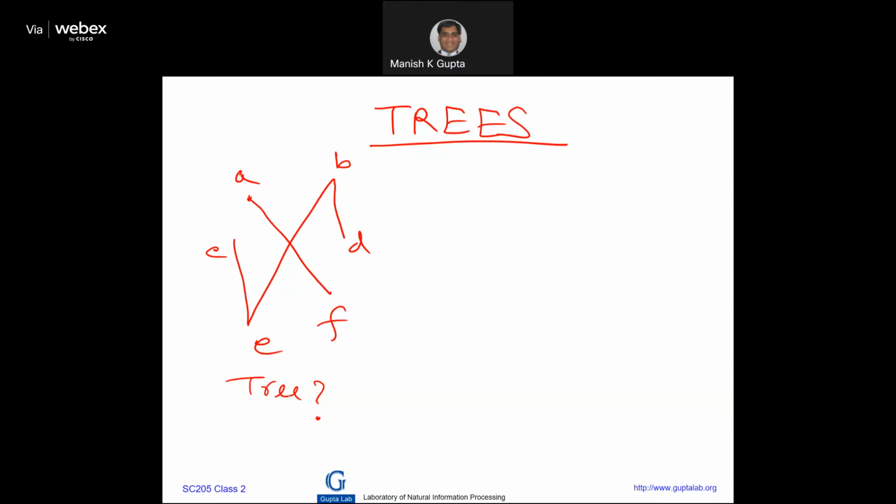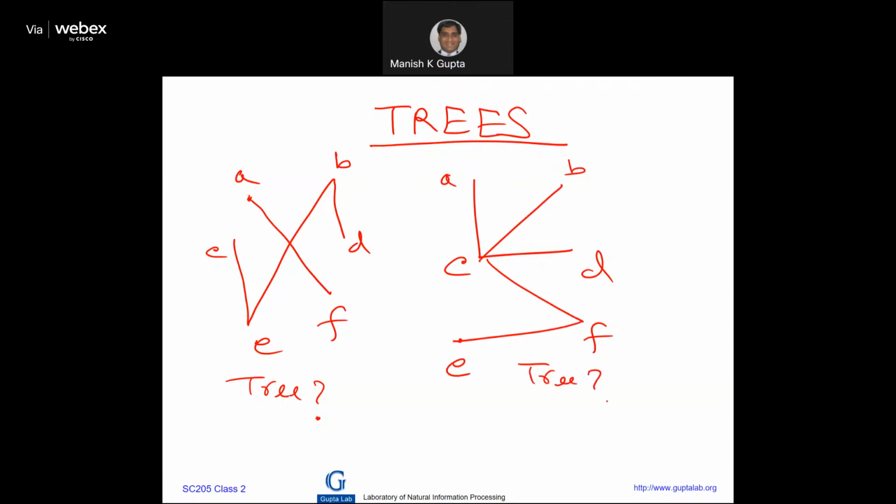Or we start with A, B, C, D. Is it a tree? I can mention a definition. A tree is a connected, undirected graph with no simple circuits.